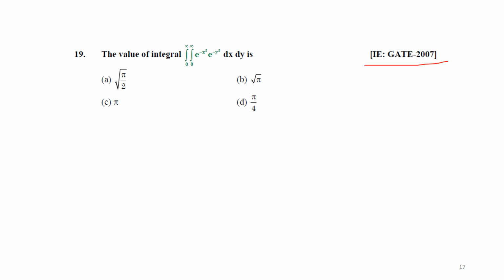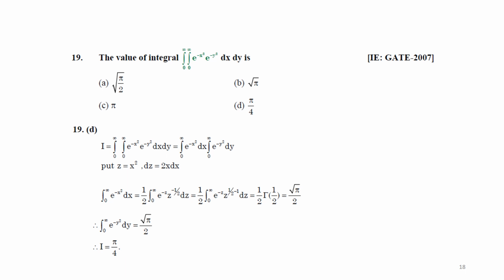This was the EI question for the EI branch. The value of the integral from 0 to infinity, 0 to infinity, e to the power minus x squared, e to the power minus y squared dx dy. This is also one of the good problems. See, the equation is given.